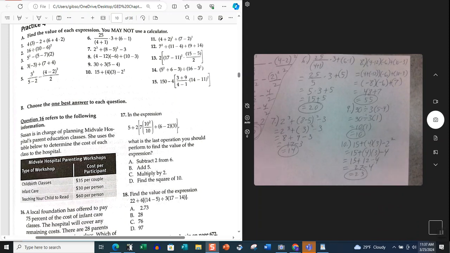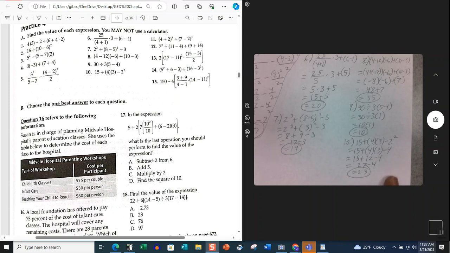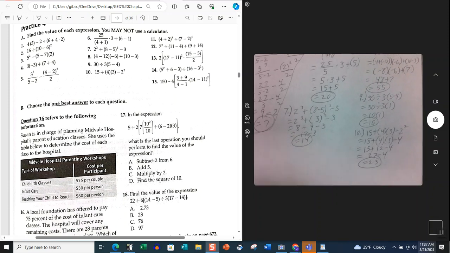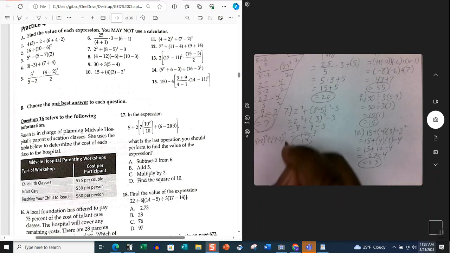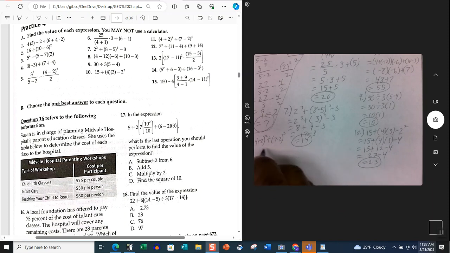So that's number 10. All right, number 11. Number 11, we have (4 plus 2) in parentheses squared plus (7 minus 2) parentheses cubed. So we do the parentheses first. 4 plus 2 is 6 squared.